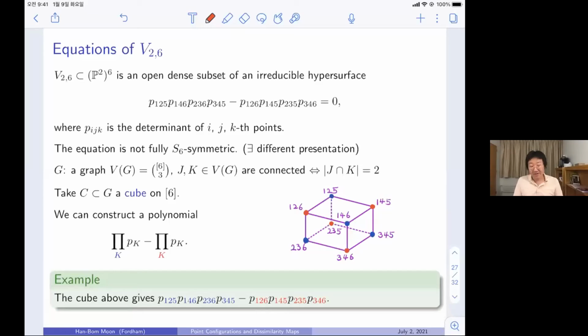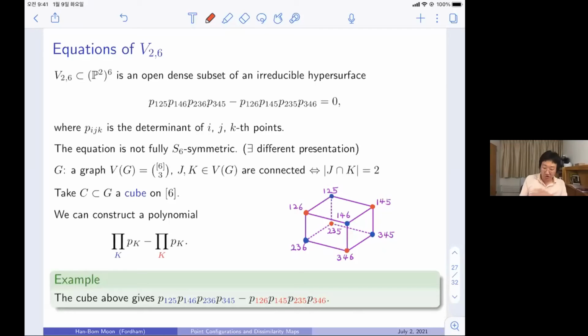But one interesting thing we observed, and it turned out that this is really important, is that the variety V_2^6 is by definition S_6 invariant. But on the other hand, this equation is not, even though this is a hypersurface. The reason is simple, because the Plücker coordinates are not linearly independent. There are many relations.